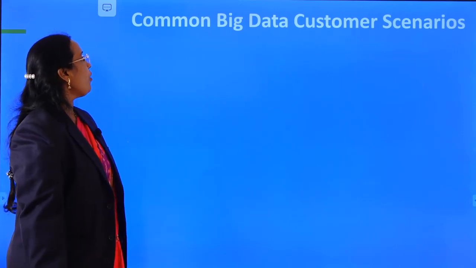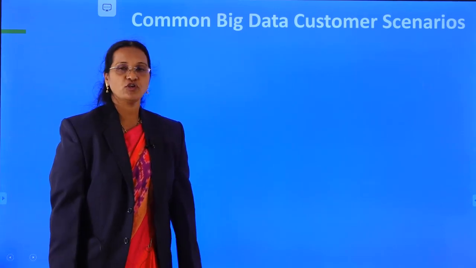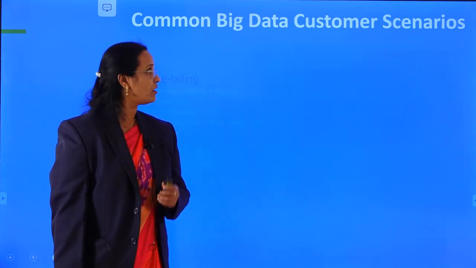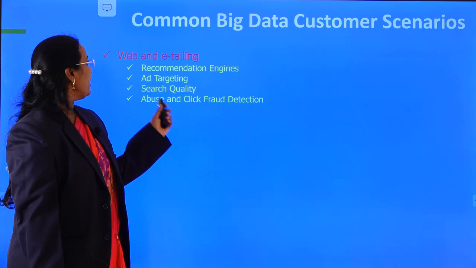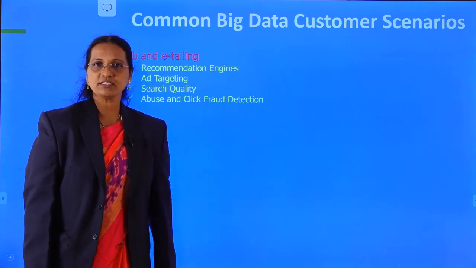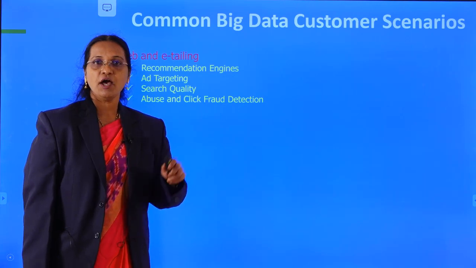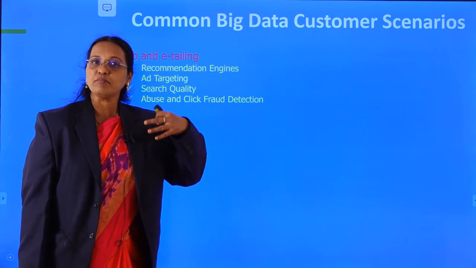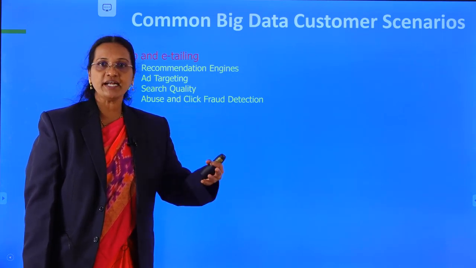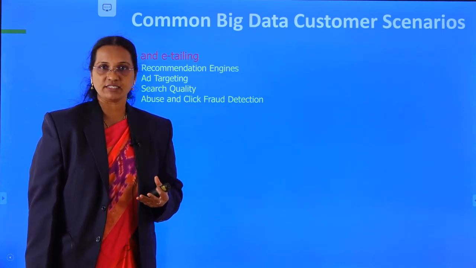Let us see common big data customer scenarios, or what we call applications of big data. Web and e-tailing is also generating big data. Why did I say customers? Because the people or areas who are generating big data will become customers for us.